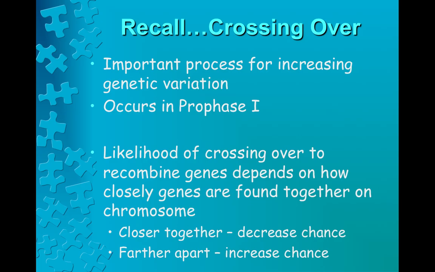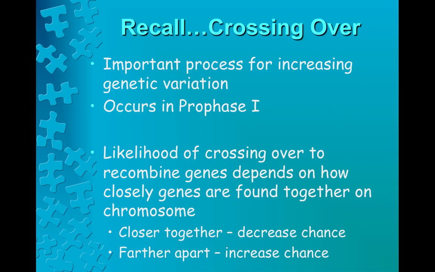What Morgan ends up understanding is that if he looks at different combinations of traits and compares the likelihood of them getting separated during crossing over as opposed to being stuck together, he can actually figure out how close those genes are located to each other on a particular chromosome.